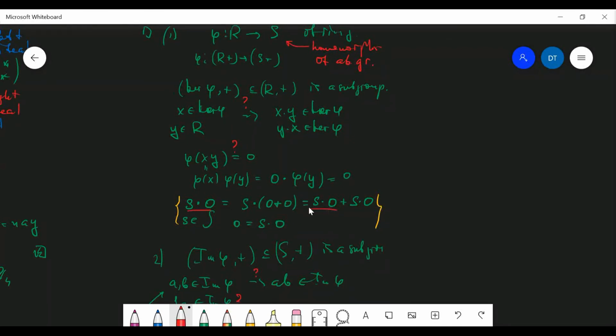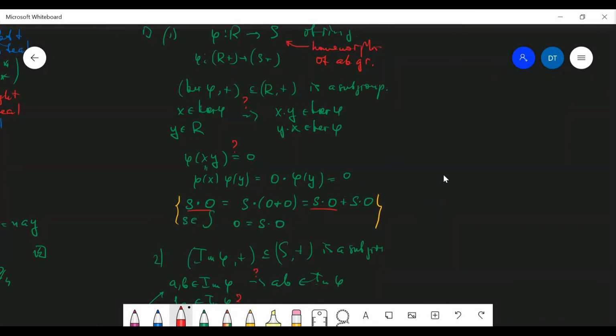When you expand this expression, you get S times 0 plus S times 0. Now you can cancel this out, and the 0 is left on the left-hand side, and on the right-hand side, S times 0. This is how you prove that S times 0 is 0.